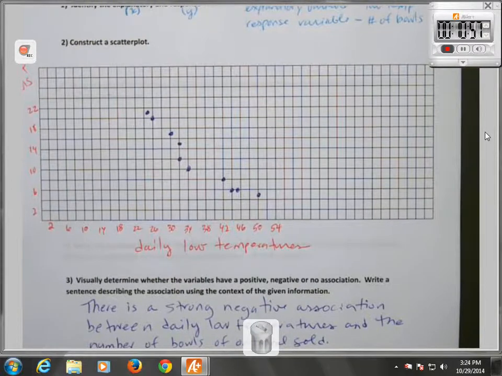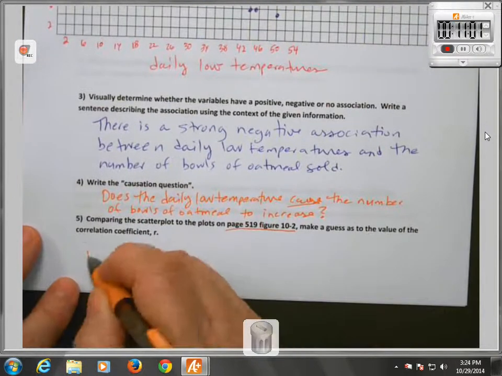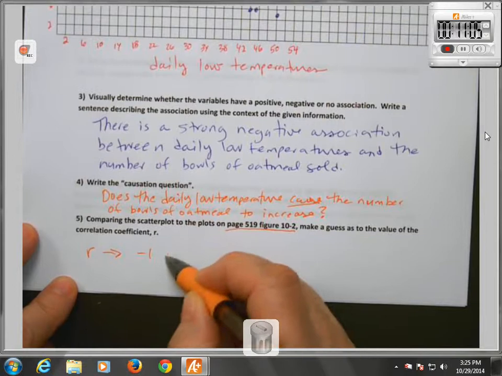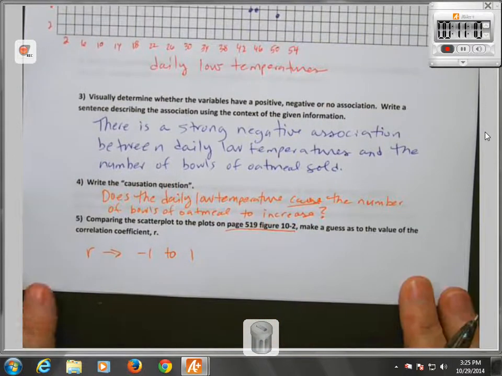And if you remember from class, R is a value that falls between -1 to +1, with negative showing negative and positiveness showing the slope of that line, and whether the association is negative or positive also. Never goes beyond -1 and +1, always in between.